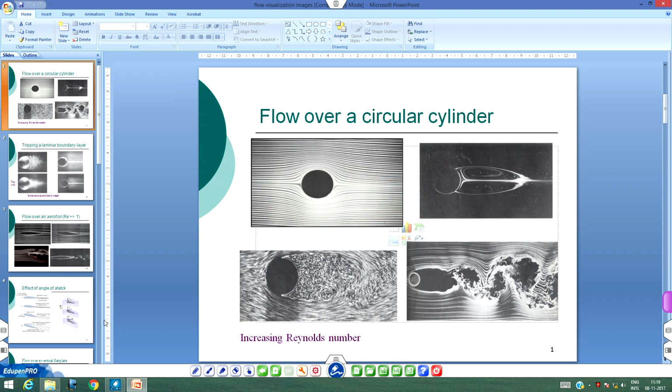In all these pictures, flow is from left to right, and it says increasing Reynolds number. So, in the first one, maybe I should have numbered them. That one is 1, that is 2 in terms of sequence, 3 and 4.